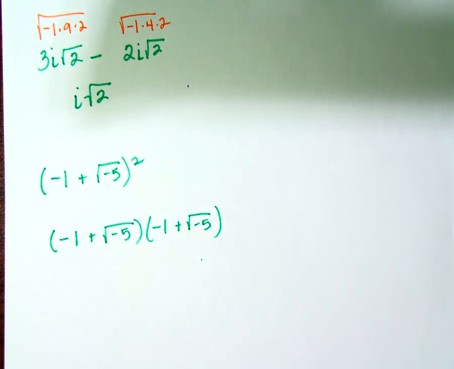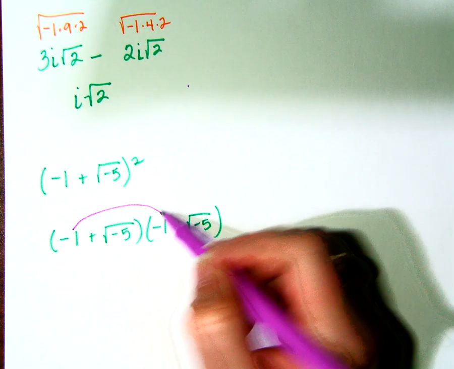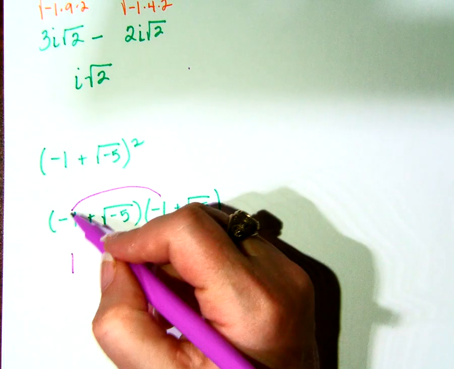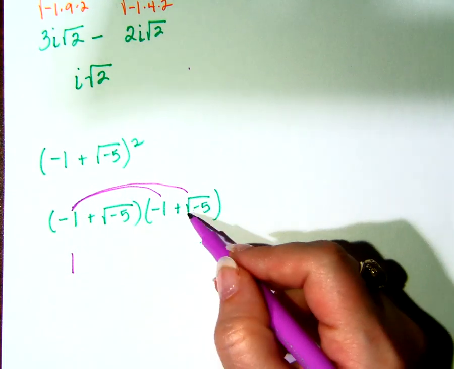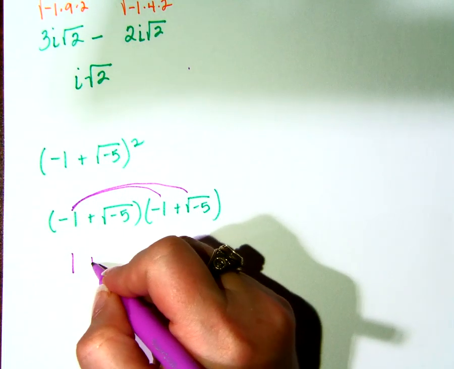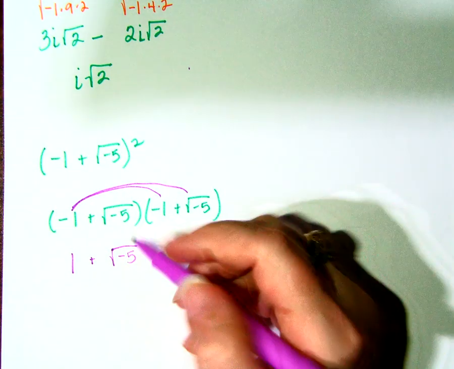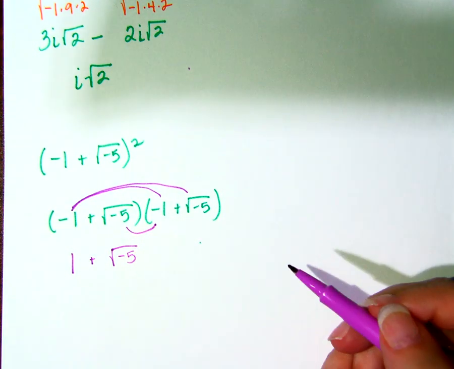Please don't just square the first term and square the second term. You're going to get the wrong answer every time, because I need to distribute. What's negative 1 times negative 1? Positive 1. What's negative 1 times the square root of negative 5? Square root of negative 5. What's the square root of negative 5 times negative 1?